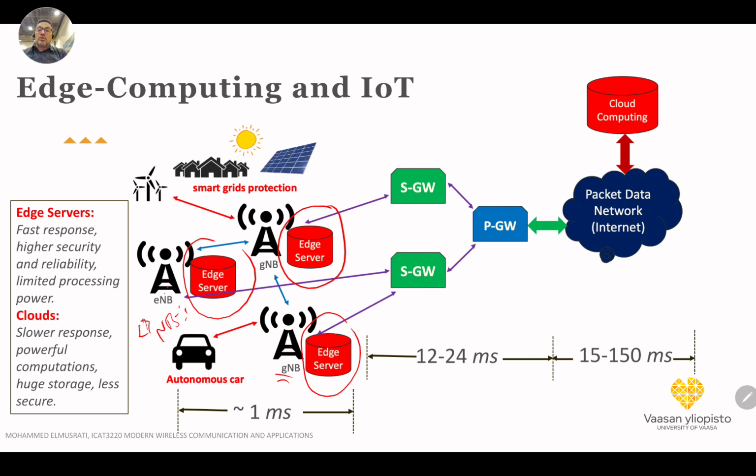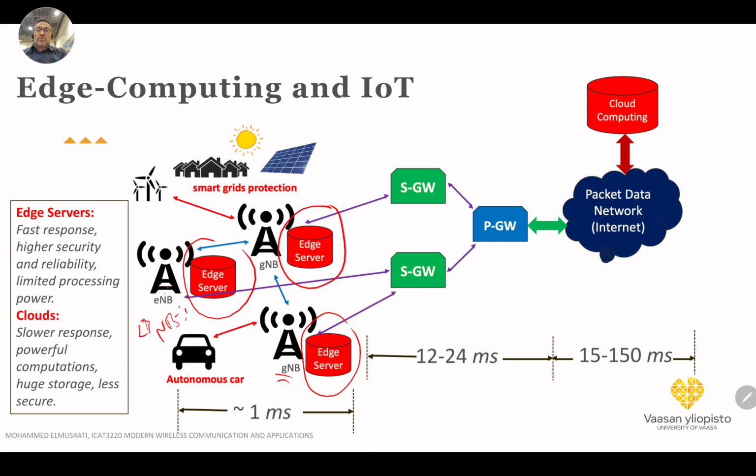So beside the base station, or maybe inside the base station itself, we have a strong enough server that can do a lot of operations needed by the IoT application. So in that sense we can reduce the time. In that sense, we can have only 1 millisecond delay.